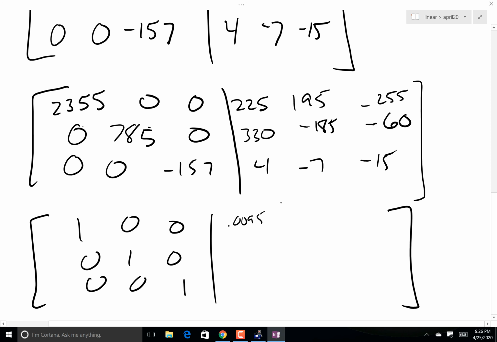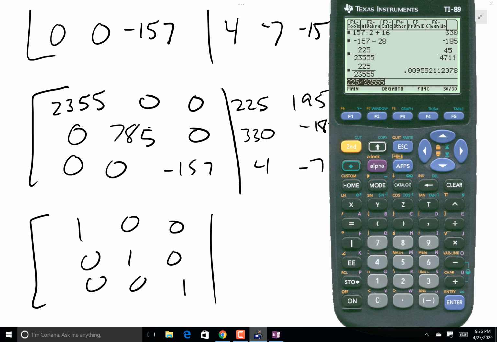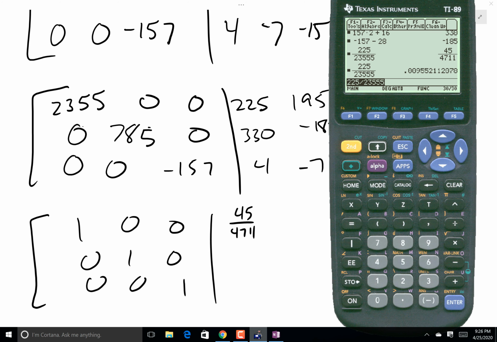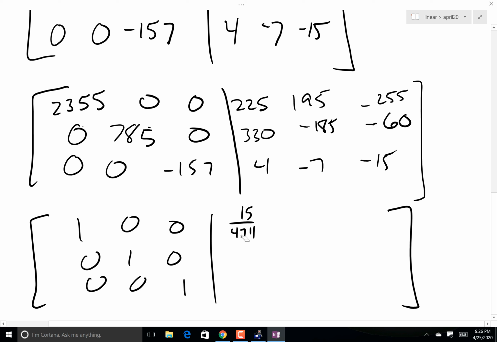Don't I want to do that? No, I don't want to do that. I want to do 45 over 4711. Is that what I said? Oh, I got an extra 5 in there. That's my problem. 15 over 157. That's more better. 15 over 157.